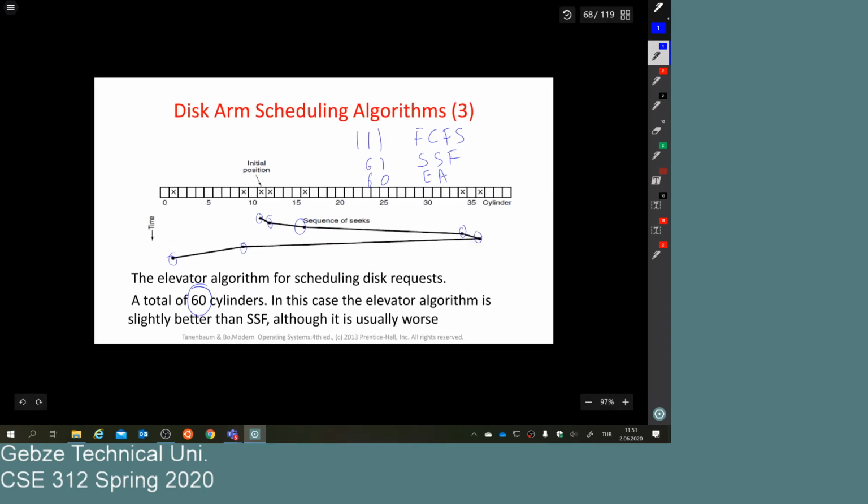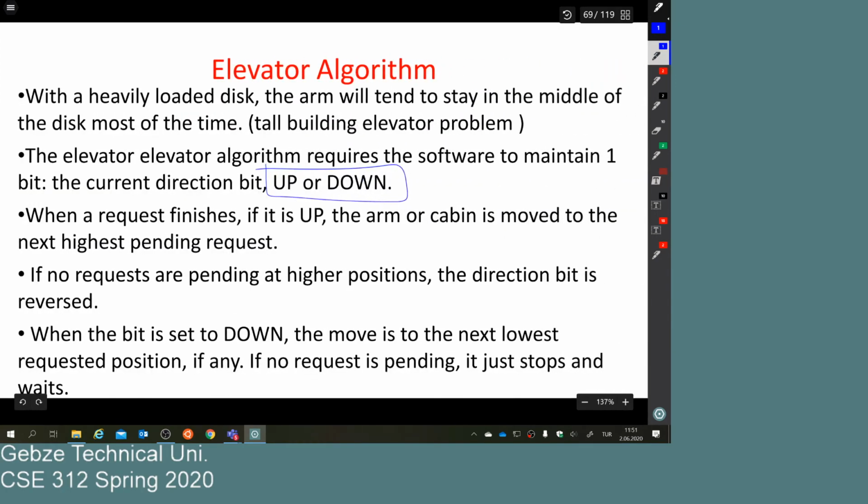Okay, so we looked at three of them, and they kind of complement each other. I mean, first come first served is simple. You don't schedule anything. For both the elevator algorithm and the shortest seek time, you need to rearrange your disk requests. Of course, I assume that all the requests are ready at the beginning, and this is not very realistic.